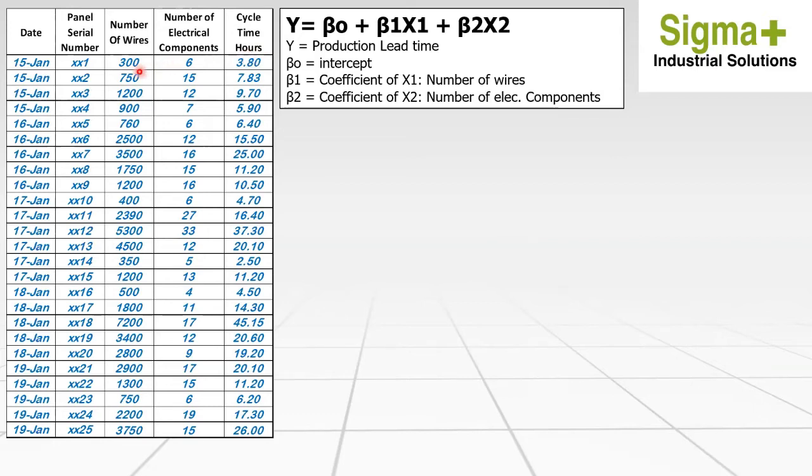So each panel has the number of wires, the number of electrical components, versus the cycle time in hours. Now, I would prefer that we go to the Excel sheet so we can understand how we can extract the multiple regression equation. So let's go.